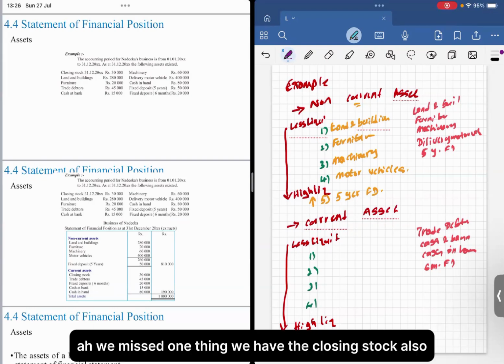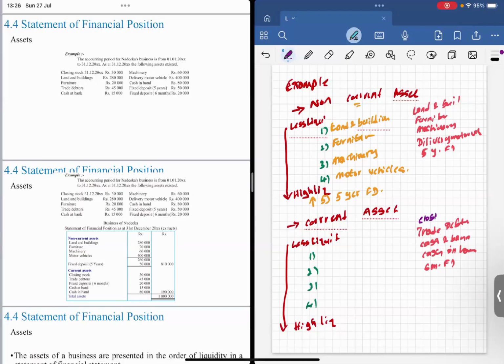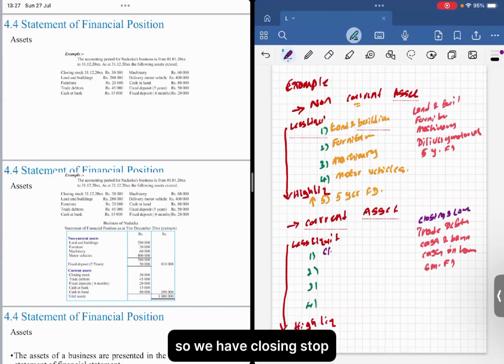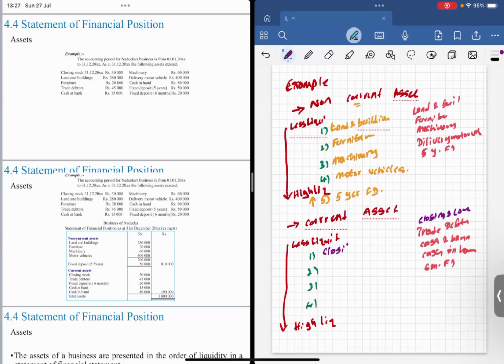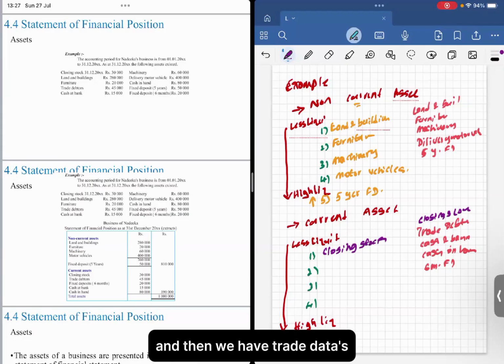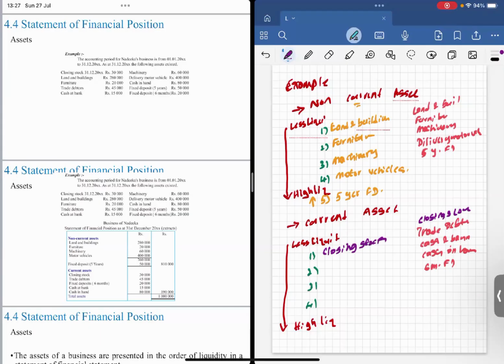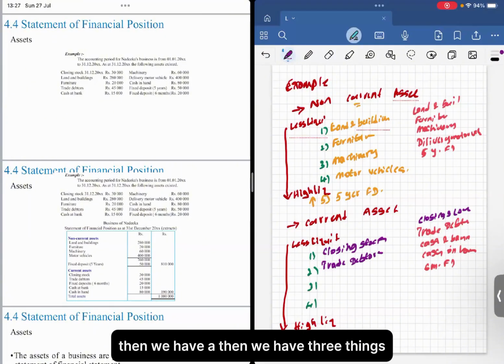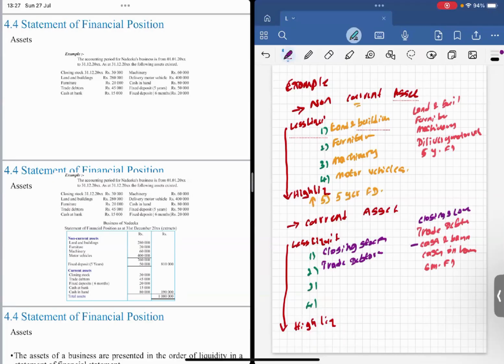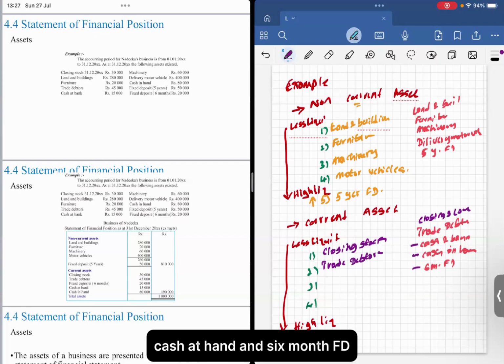We missed one thing, we have the closing stock also. So we have closing stock, and then we have trade debtors. Then we have three things: cash at bank, cash in hand, and 6 month FD.